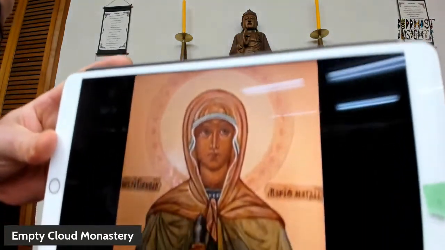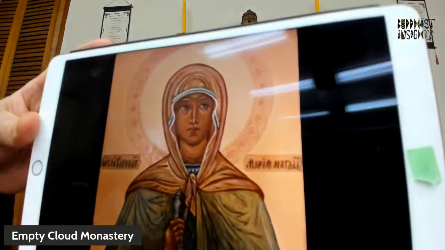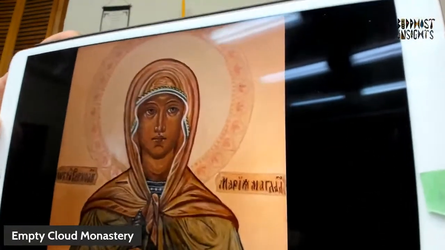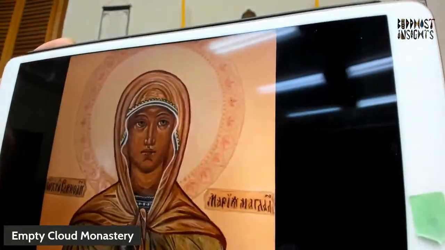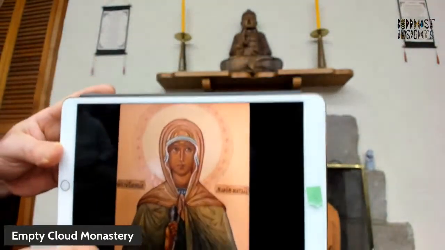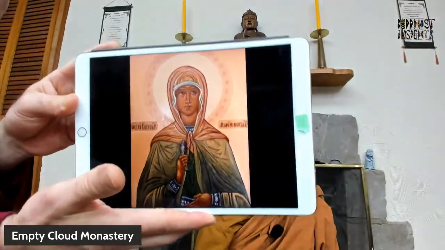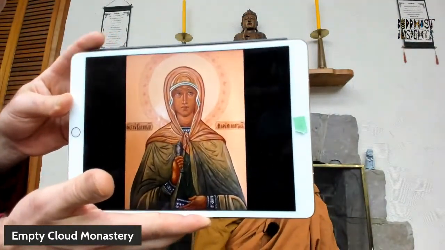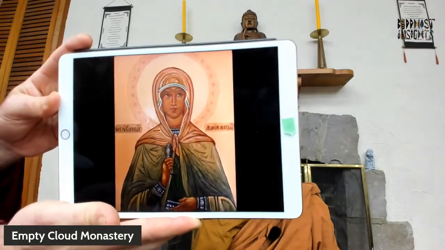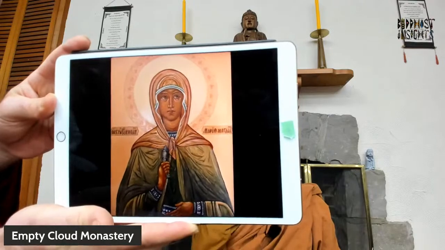That painting there is probably about 9 inches wide by about a foot tall. So this is Mary, and it's a copy of a Russian icon painting.